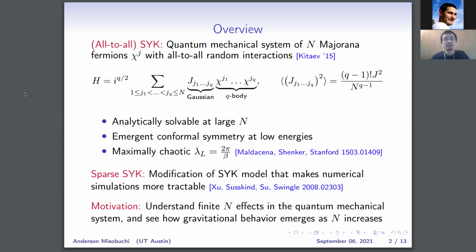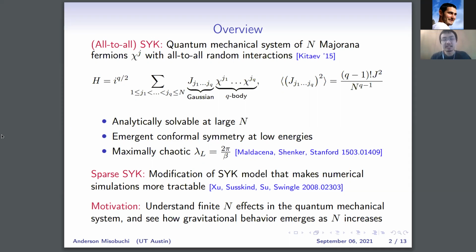The properties of this model are that it's solvable at large N, and it has the desired properties of a holographic system, such as emergent conformal symmetry and the saturation of the chaos bound of Maldacena, Shenker, and Stanford. More recently, a variation of the SYK model appeared in the literature by Xu, Susskind, Su, and Swingle, dubbed sparse SYK.